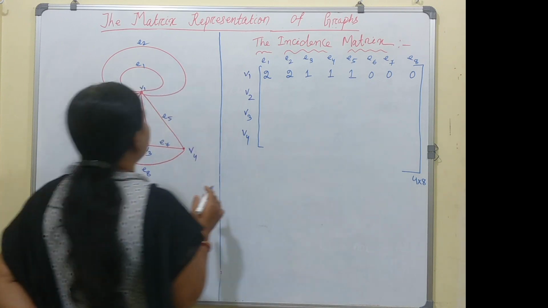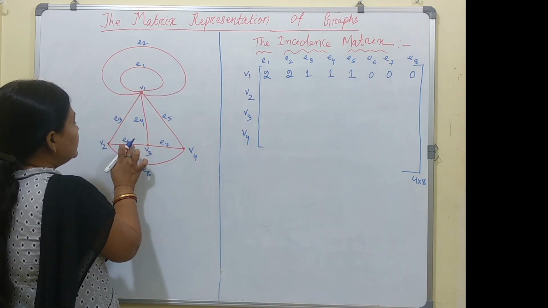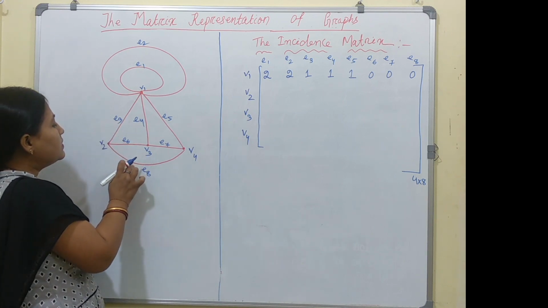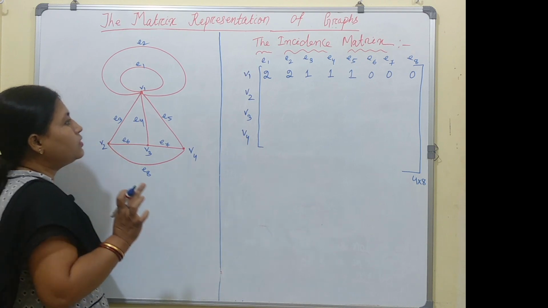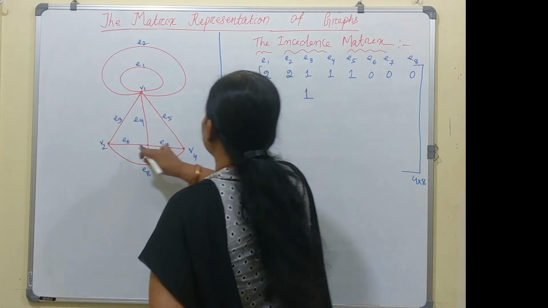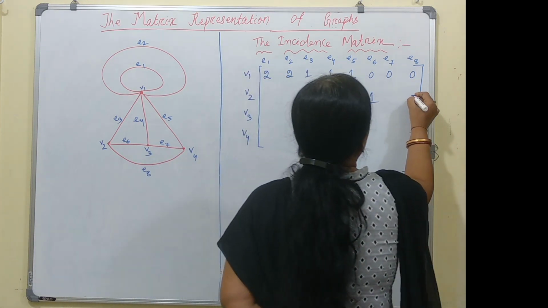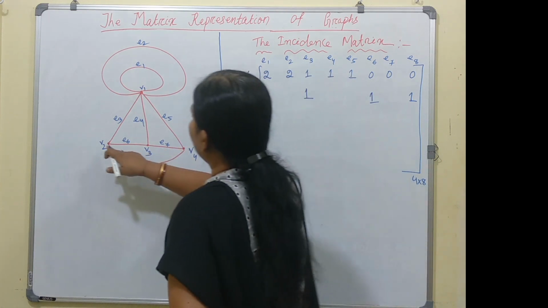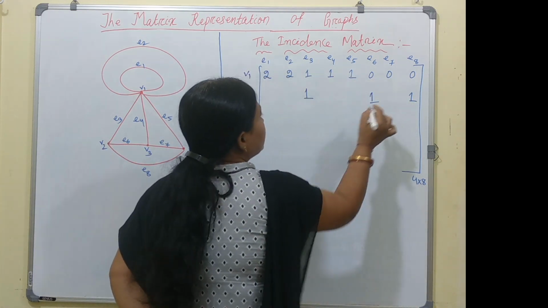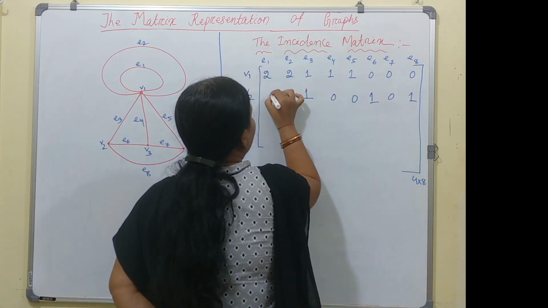Next come to V2. See this graph: E3, E6, E8 are incident with V2. E3 is 1, E6 is 1, E8 is 1. So V2 has degree 3, and all other elements are 0.